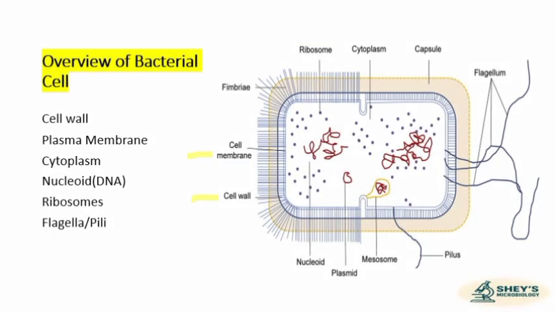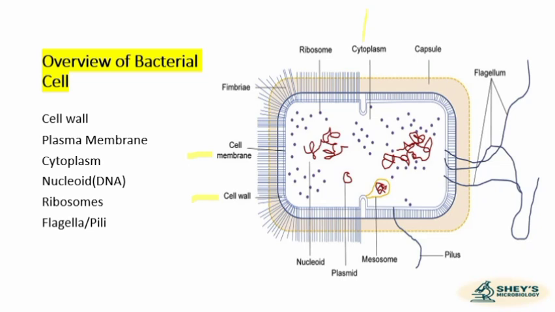Now, let's take a closer look at what's actually inside the bacterial cell. You've got a few key structures that we'll talk through one by one. The cell wall gives shape and protection. The plasma membrane, the barrier that controls what goes in and out. The cytoplasm, where all the chemical reactions happen.